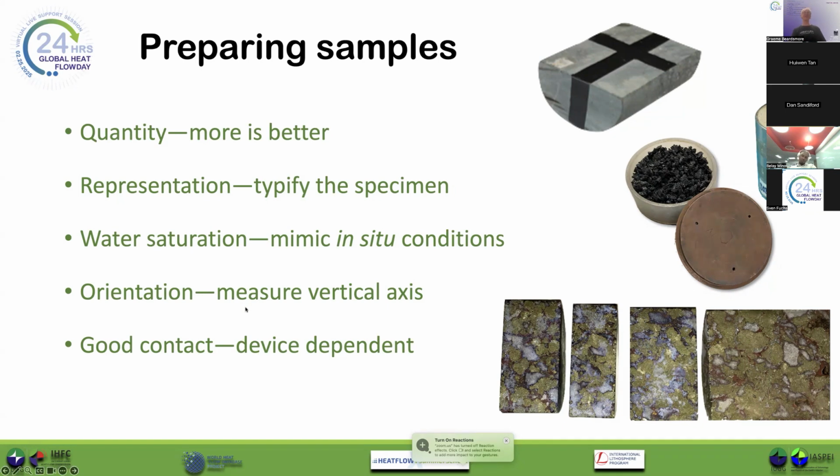Orientation of the sample. If a sample is anisotropic, it'll be important to know what direction you're measuring thermal conductivity, and ideally you should be measuring thermal conductivity along the same axis that the temperature gradient has been measured, if we're looking to turn temperature gradient into heat flow.